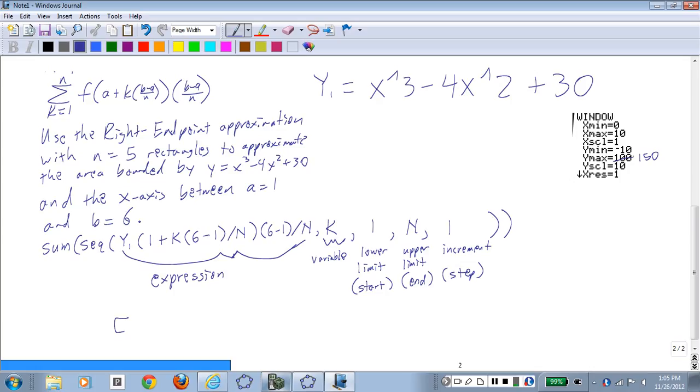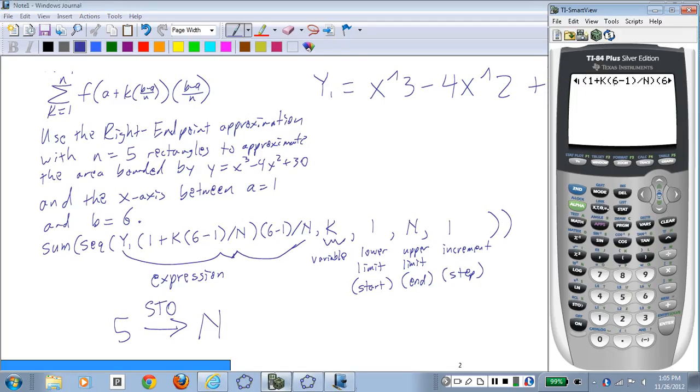So 5, press the STO button. Let's see, I'm going to go ahead and press enter. But you probably didn't get 230 if your calculator thinks n is something other than 5. So press enter. See what happens. You get a syntax error.